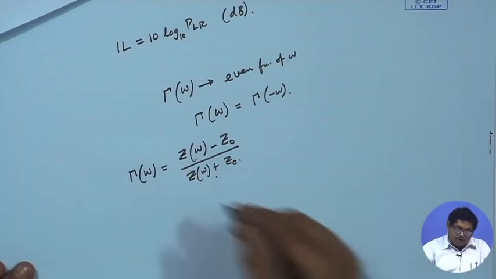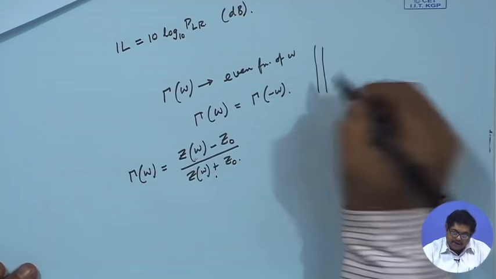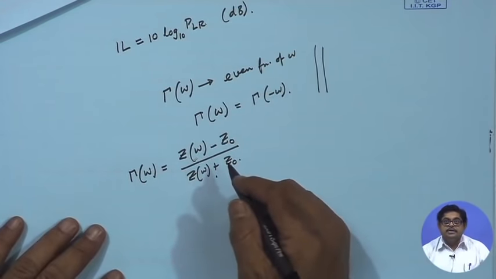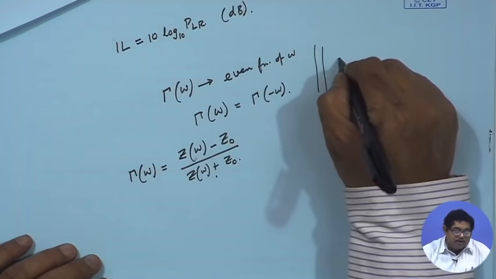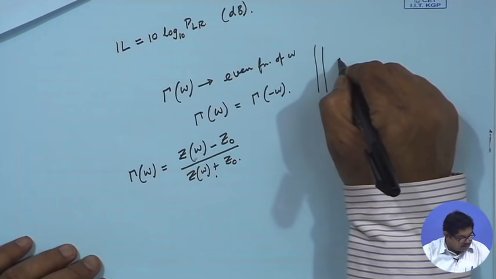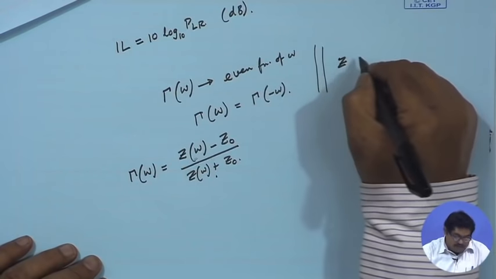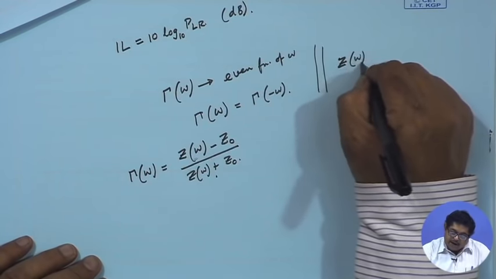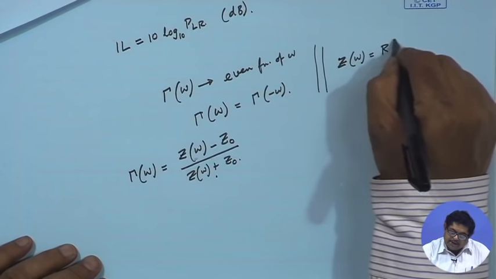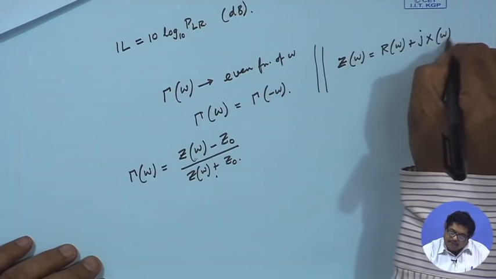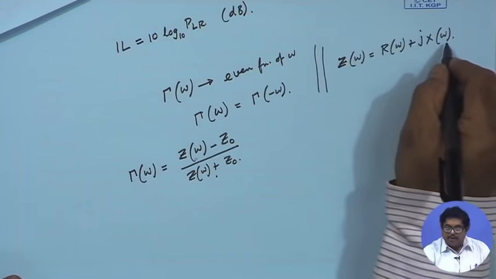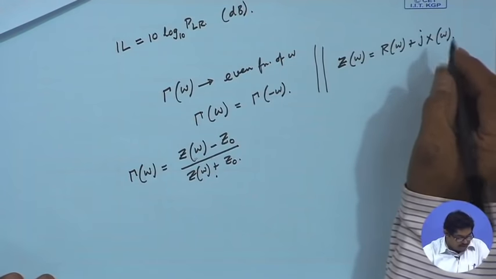And here also there is another property that any impedance, source, load, etcetera, or the input impedance, Z omega can be written as R omega plus j x omega, the resistive part and the reactive part of the impedance.